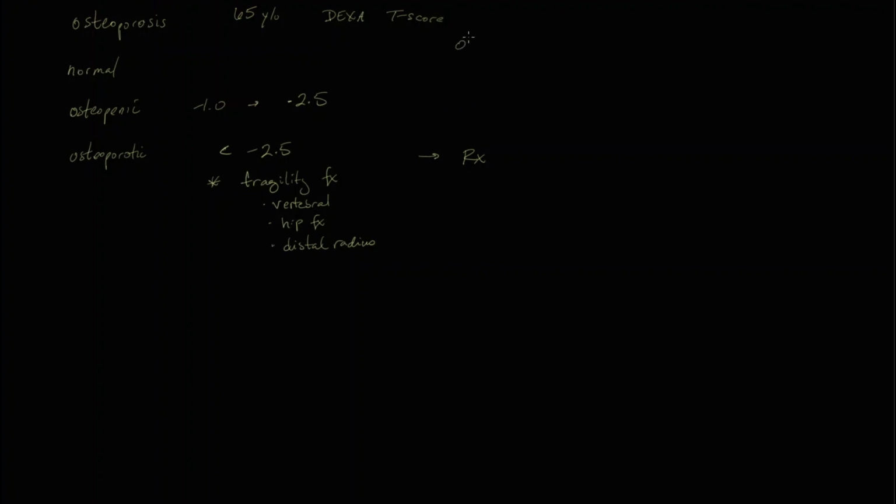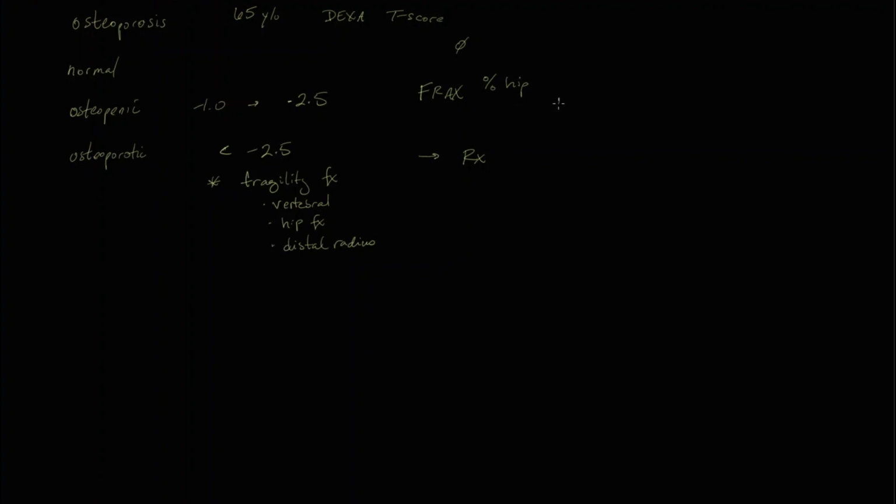None of the normal ones meet indication for that, but which of the osteopenic ones? And that is another easily testable concept. If you have an osteopenic patient, what's the next step? The next step is to get what is called a FRAX score. FRAX score is a risk stratification that will determine the percentage chance that you will have a hip fracture or any other fragility fracture in the next 10 years.